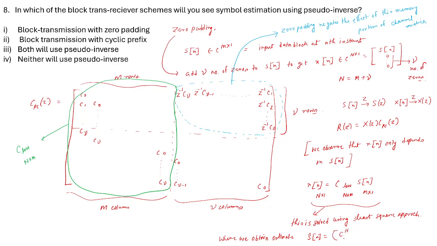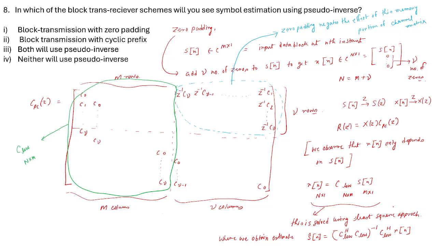Here, C low Hermitian times C low, inverse, times C low Hermitian, times Rn. So this is the pseudo inverse, and this is your received observation vector, or you can say received data block.